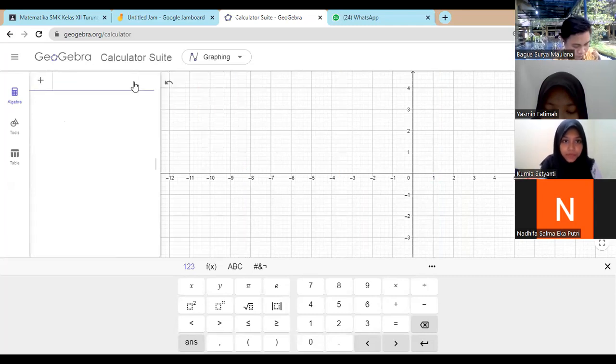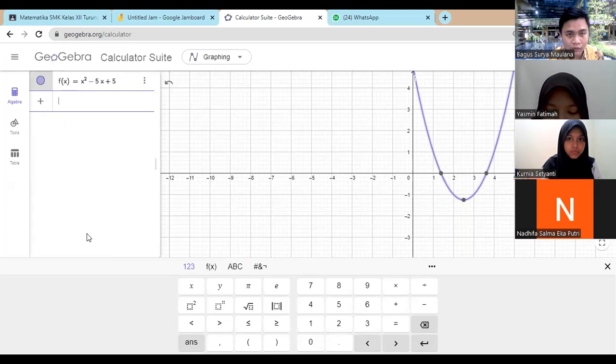Okay. So the function is x squared minus 5x plus 5, and then the derivative of it is 2x minus 5.